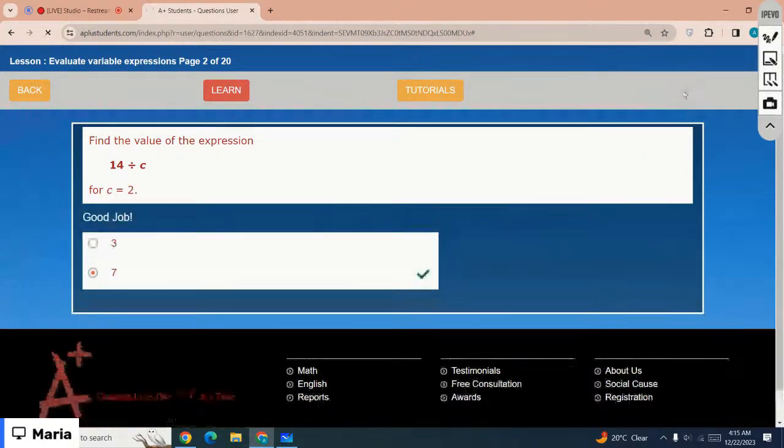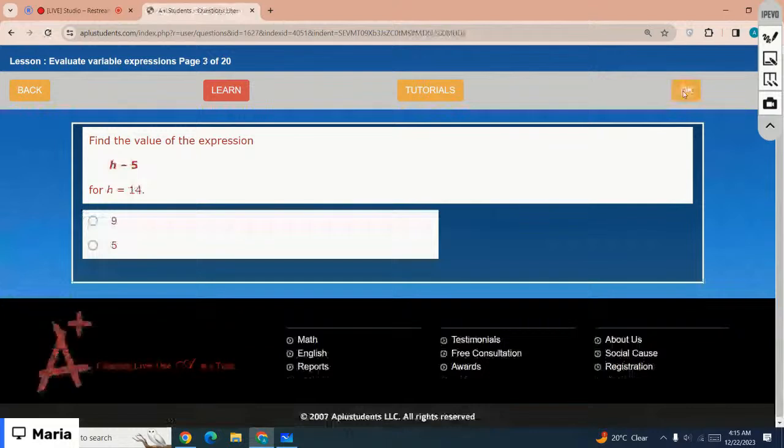Okay, the next one is find the value of the expression h minus 5, and you have to evaluate for h equals 14. So which is the correct option? Just replace the h with the value. The value of h is 14.